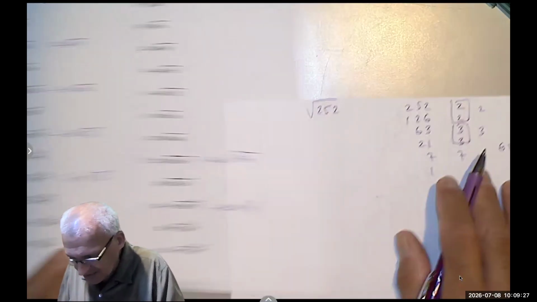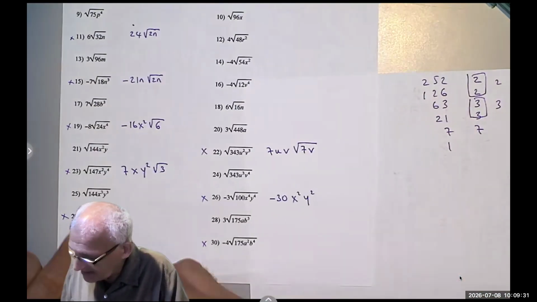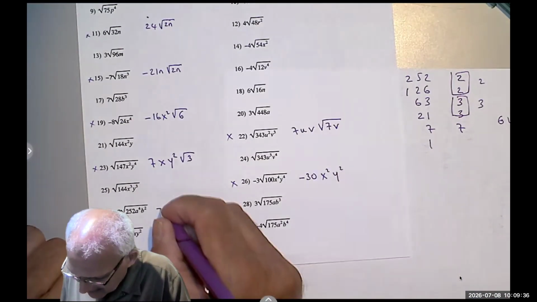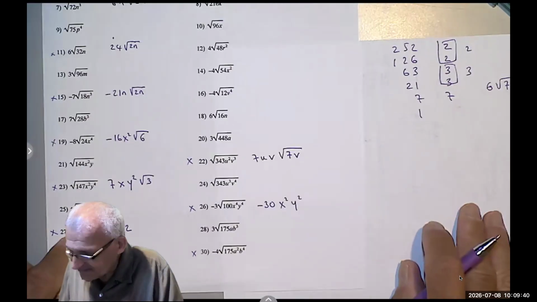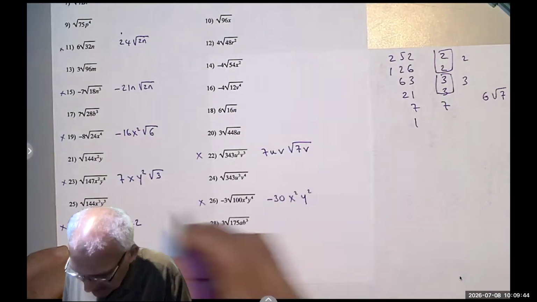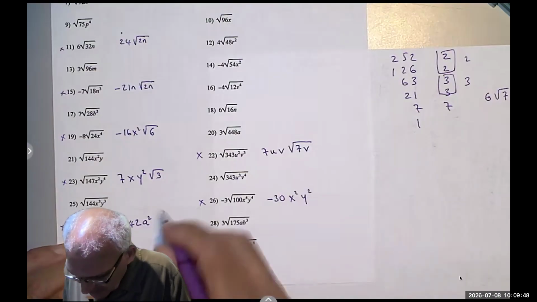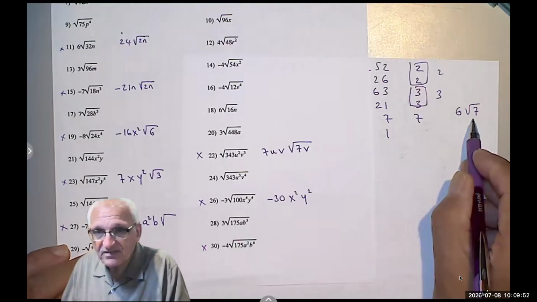How about the variables? Oh, I'm sorry, and it's multiplied by negative 7. So here I get negative 42, which is the negative 7 times the positive 6, and a to the 4 would give me a squared, b squared will give me b, and then under the radical, I have 7.